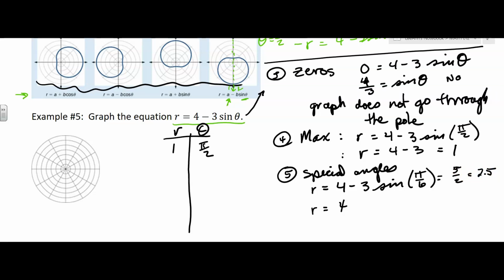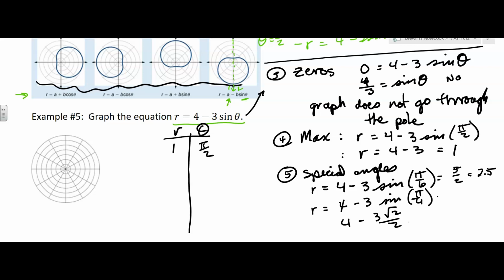All right, let's go with pi over 4. Now you can put that all in the calculator as well. That's 4 minus 3 square root of 2 over 2. And you can just take your calculator, turn it on: 4 minus 3 square root 2, close that off, divided by 2.